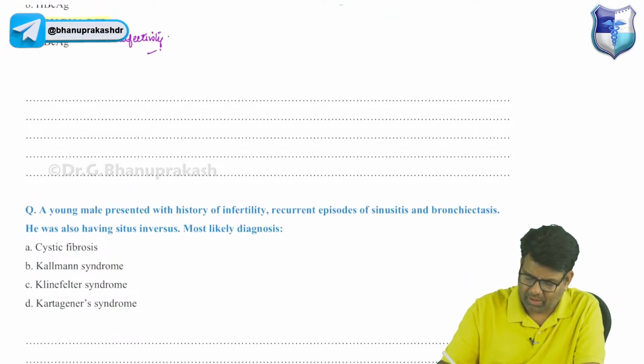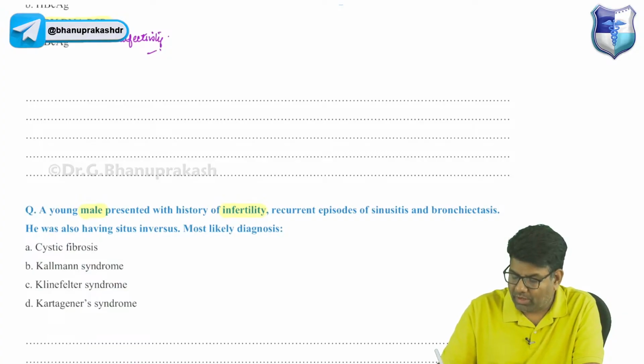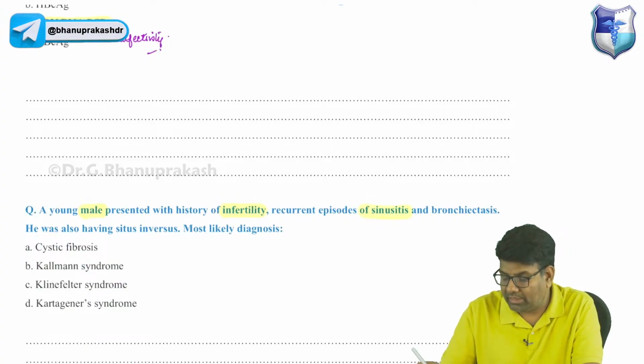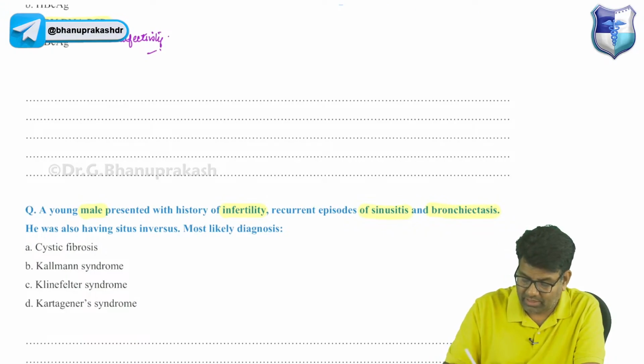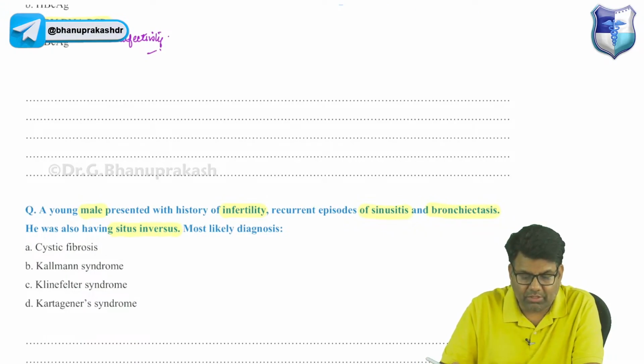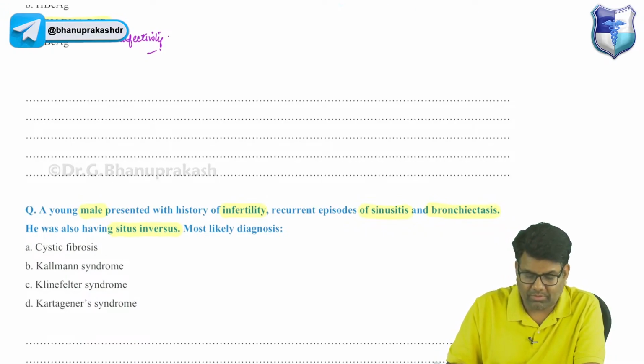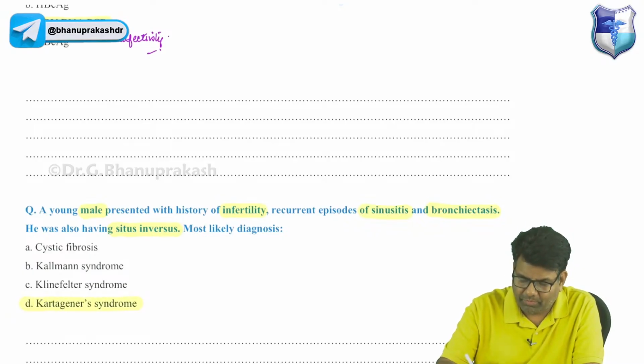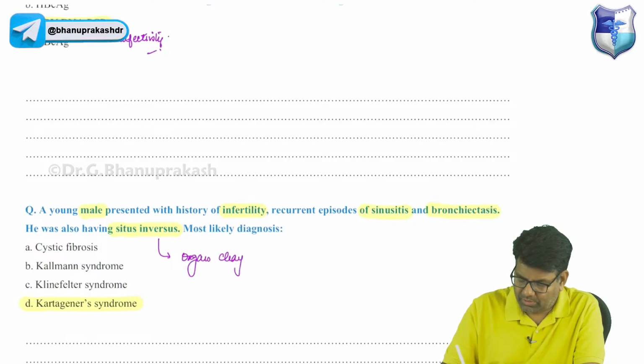Next question. A young male presented with a history of infertility, recurrent episodes of sinusitis with bronchiectasis and situs inversus. This is very basic. This is Kartagener's syndrome. And what is situs inversus? I think everyone must be knowing it. Organs change their side.